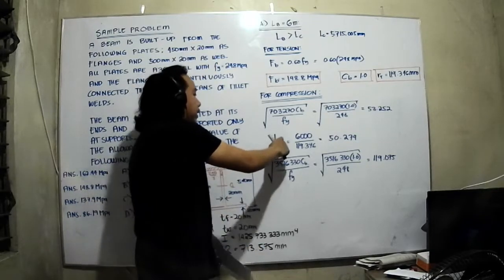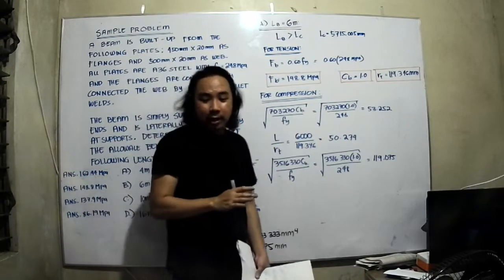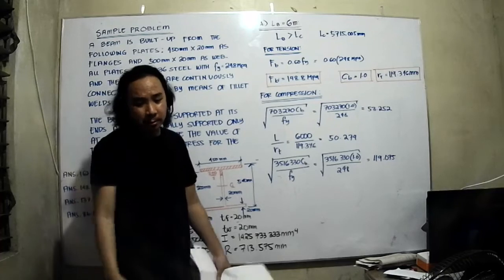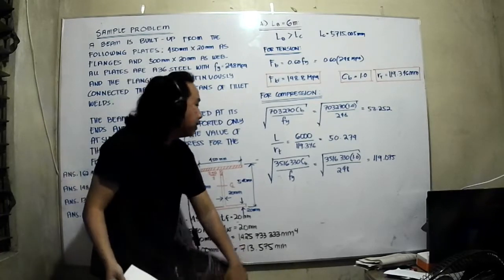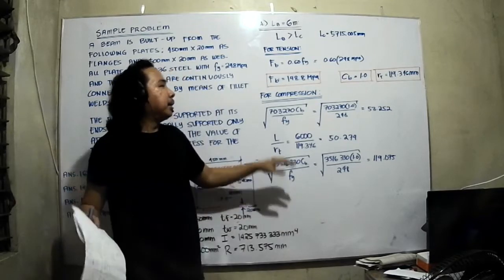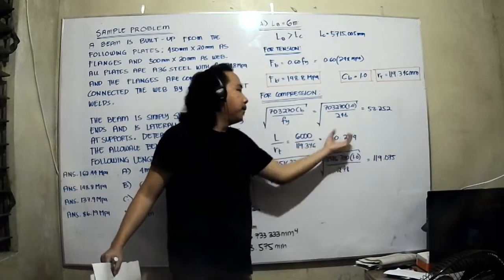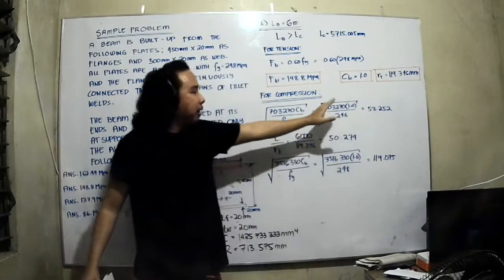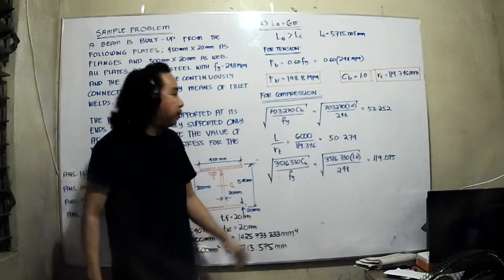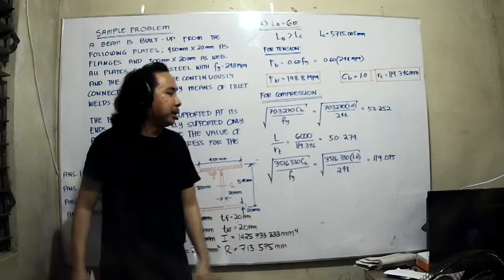L over RT in between holds the same set of formulas as the less-than case. So not much of an issue. What we need to watch out for is if it goes beyond the limit. But if it is in between, or below 53.252, the same set of formulas holds. Okay?